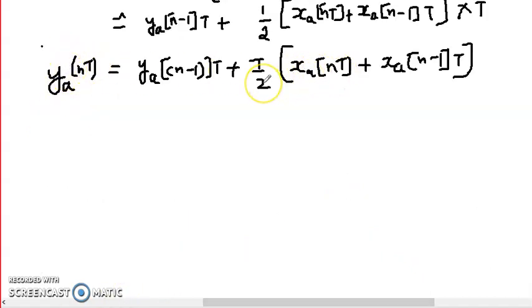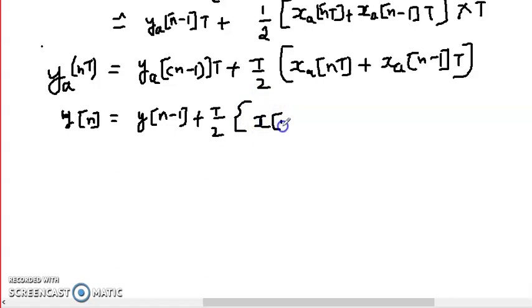Transform this equation to our discrete time quantized version, then it could be written as y(n) equal to y(n-1) plus T by 2 [x(n) plus x(n-1)]. So in the discrete time domain, this equation can be written like this, and we get the difference equation which relates input and output of the digital version of the analog integrator.